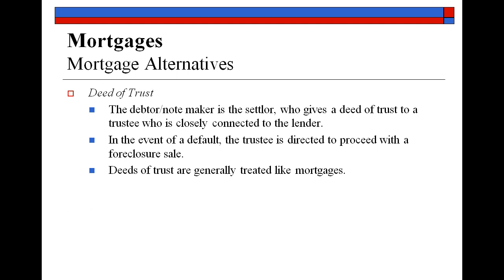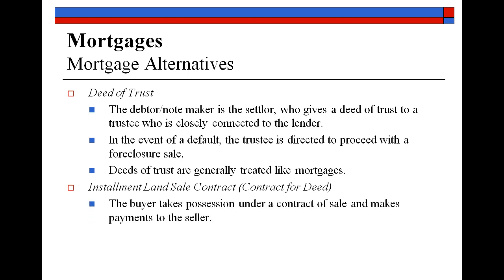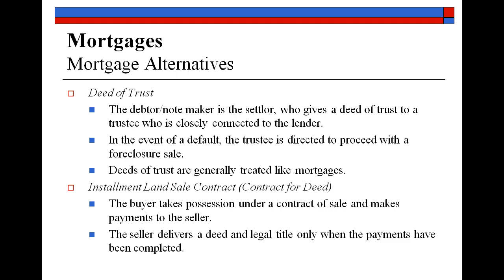The second mortgage alternative is the installment land sale contract, sometimes known as a contract for deed. In an installment land sale contract, the buyer takes possession under a contract of sale and makes payments to the seller. The seller delivers a deed and legal title to the buyer only when the payments have been completed.